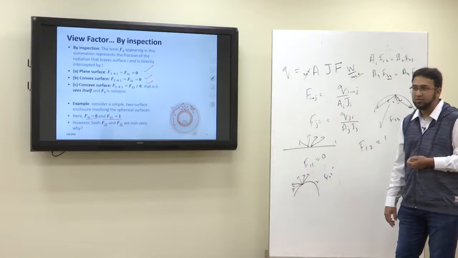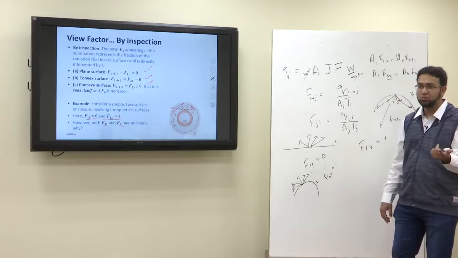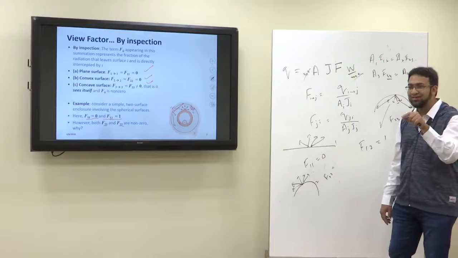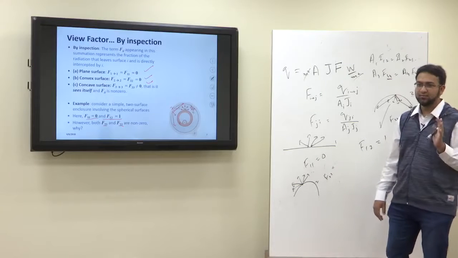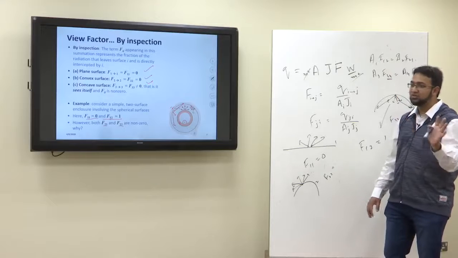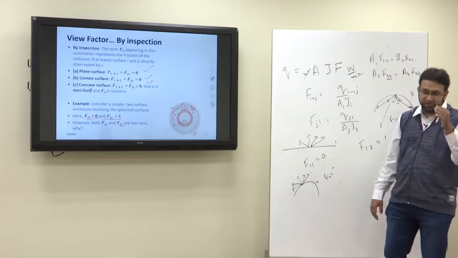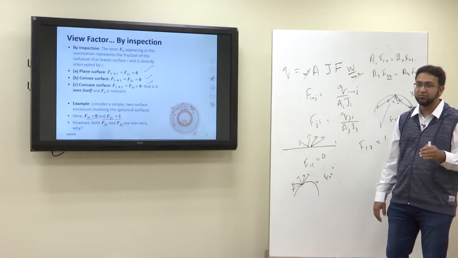Okay. The energy leaving 1 must reach 2. The energy leaving 1 cannot reach 1 again. The energy leaving 2, it's not necessary that all of it goes to 1. It can also go to itself.